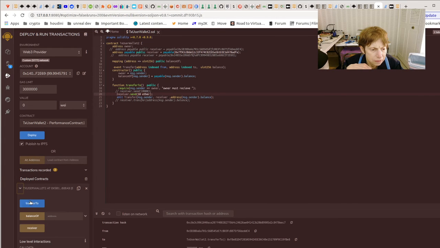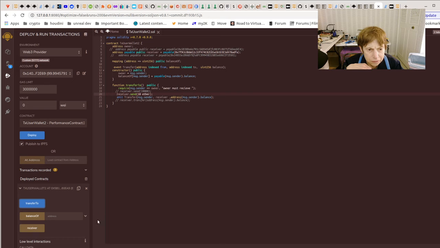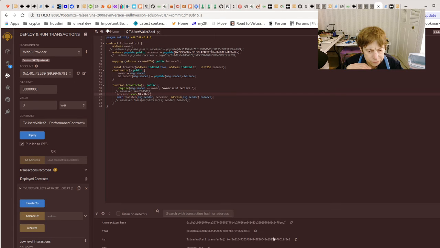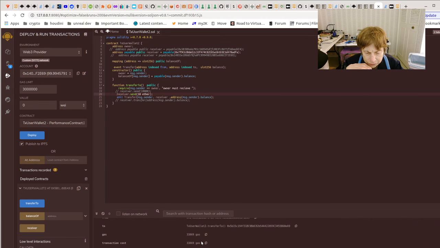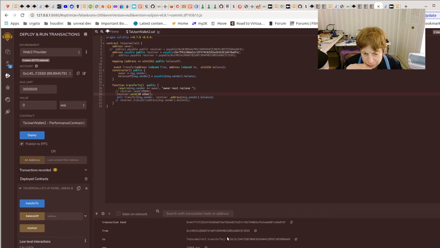And transfer to. Alright, so now we got from this wallet, and if you look here, yeah, it's always going to send it from the sender to the wallet of the contract.